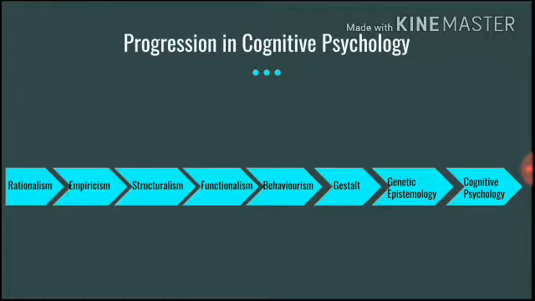So, when he gave a lot of emphasis to introspection, he was more interested in understanding the structure of behavior, in understanding the what of behavior rather than the why of behavior.